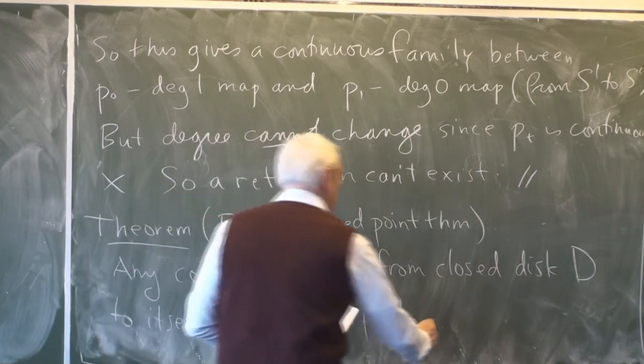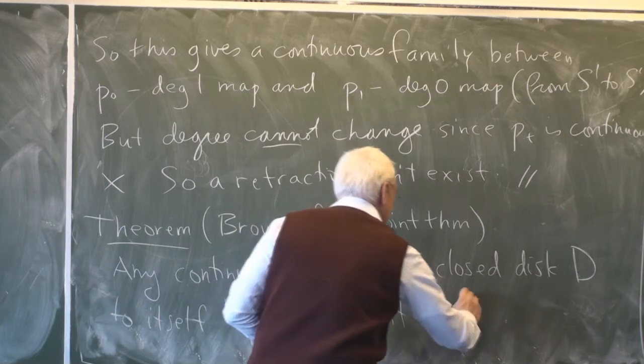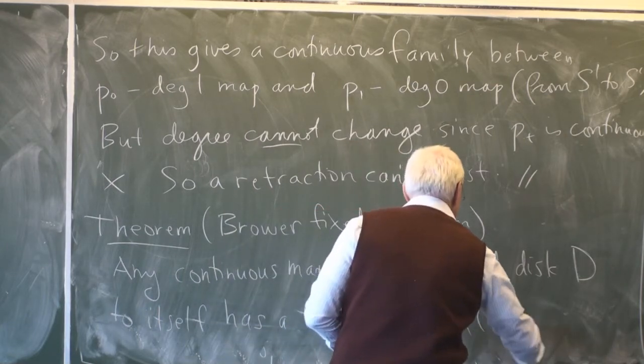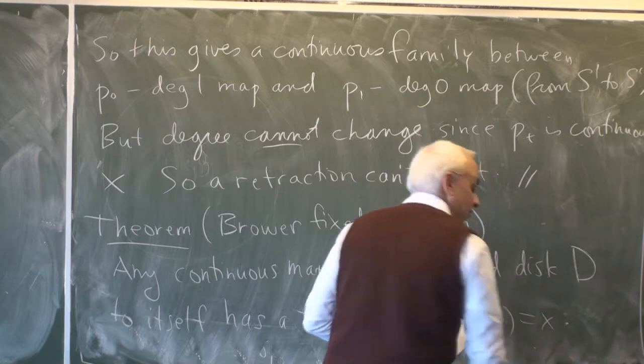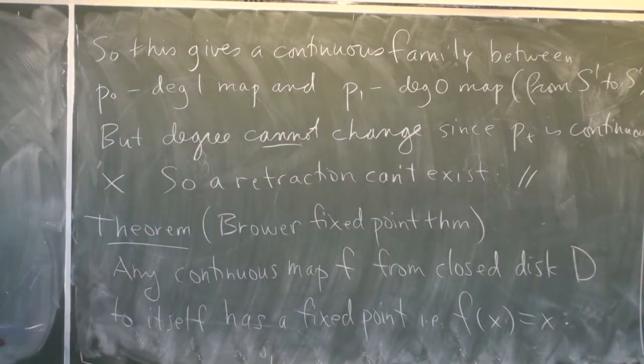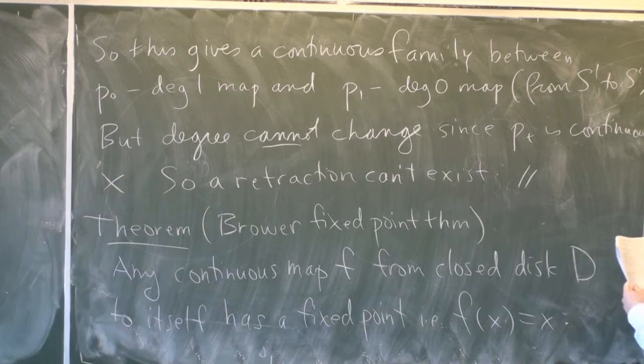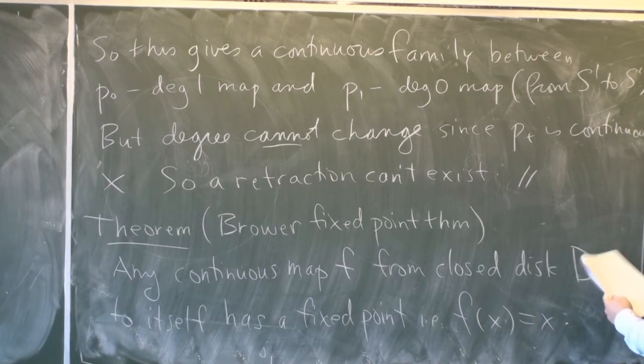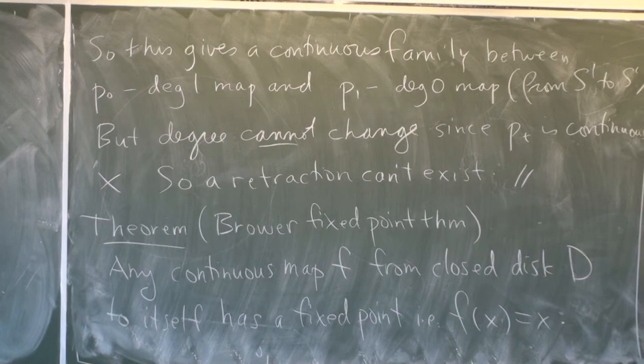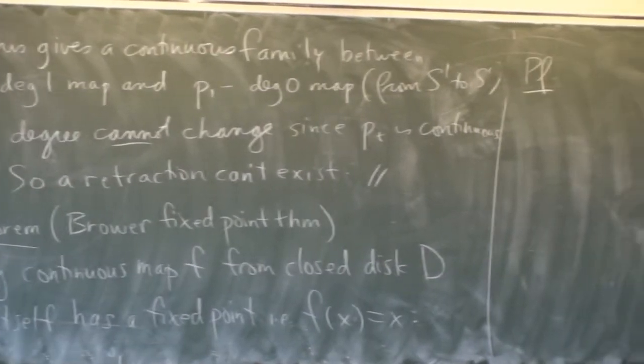And what that means is there's some point such that f of x equals x. Some point that's not moved by the transformation. Proof. It's only a one-line proof.